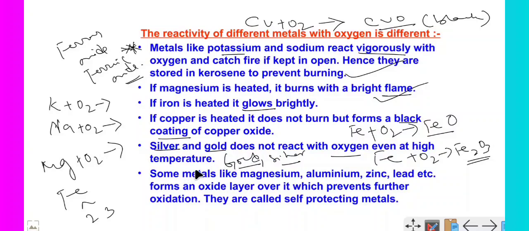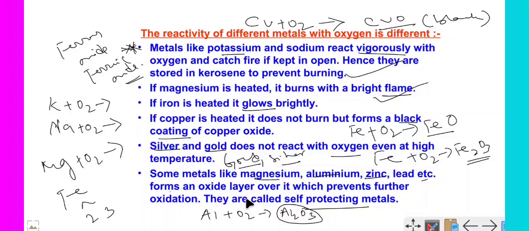Some metals like magnesium, aluminum, zinc, lead, etc. form an oxide layer over them which prevents further oxidation, so they are called self-protecting metals. Why? Because if aluminum reacts with oxygen, it becomes Al2O3, aluminum oxide, and this oxide prevents the element from further oxidation. What is oxidation?